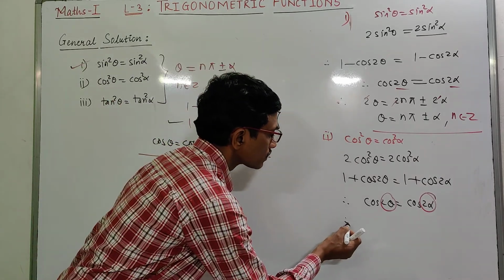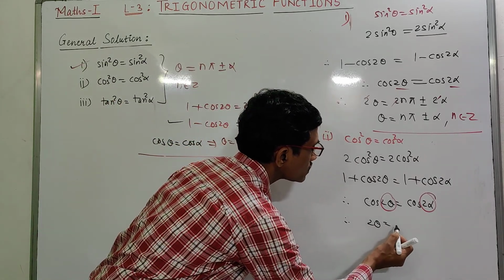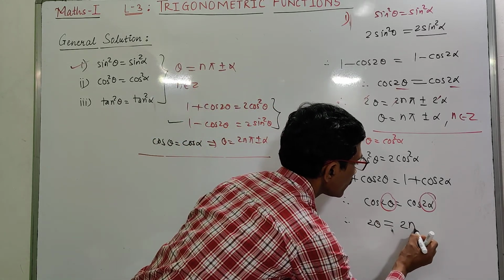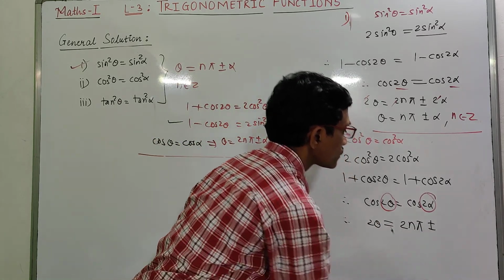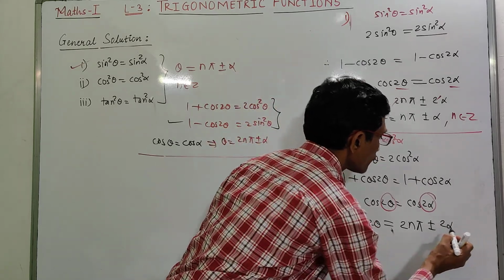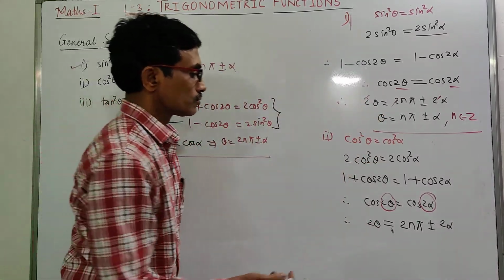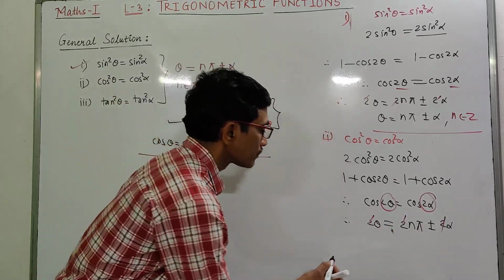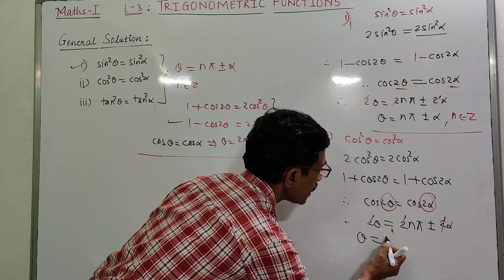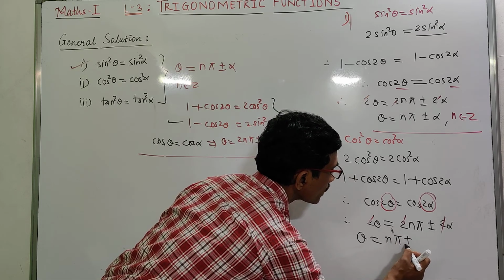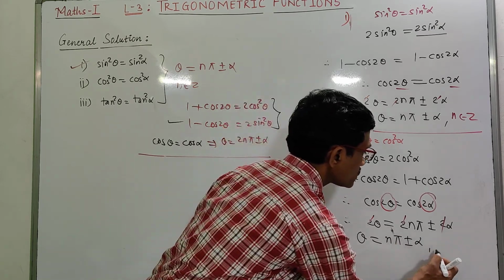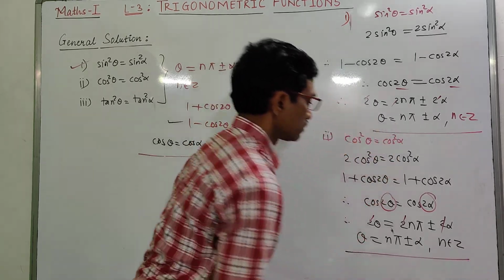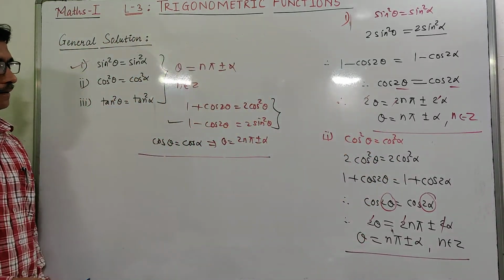Therefore 2 theta is equal to 2n pi plus minus 2 alpha. Now this 2 is getting cancelled and theta is equal to n pi plus minus alpha, where n belongs to Z. This is the general solution.